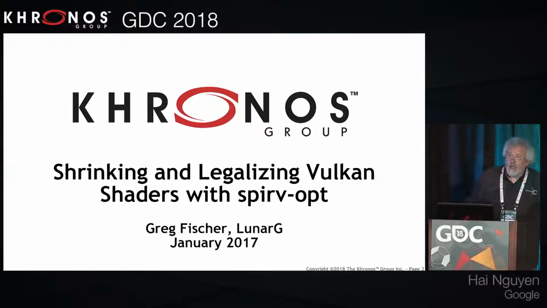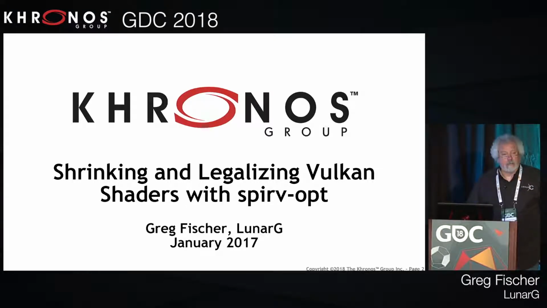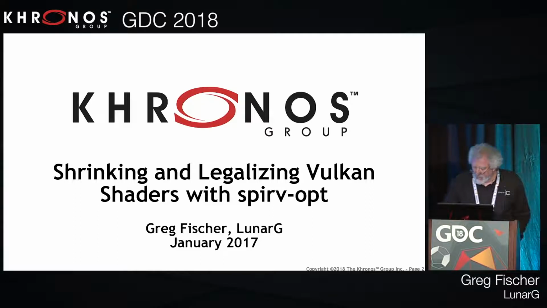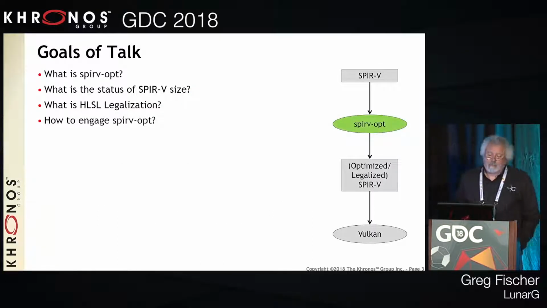Greg? Well, I'm Greg Fisher, a compiler engineer from LunarG. We're going to talk today about using SPIR-V opt to shrink your shaders and legalize your shaders, particularly HLSL shaders, when you use them with Vulkan. So the goals of the talk are to answer the following questions.